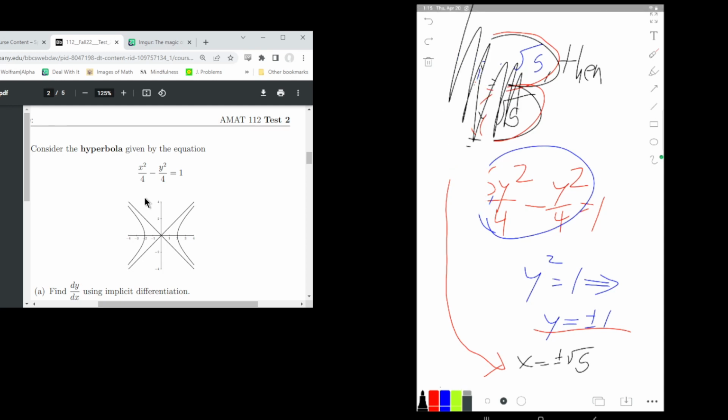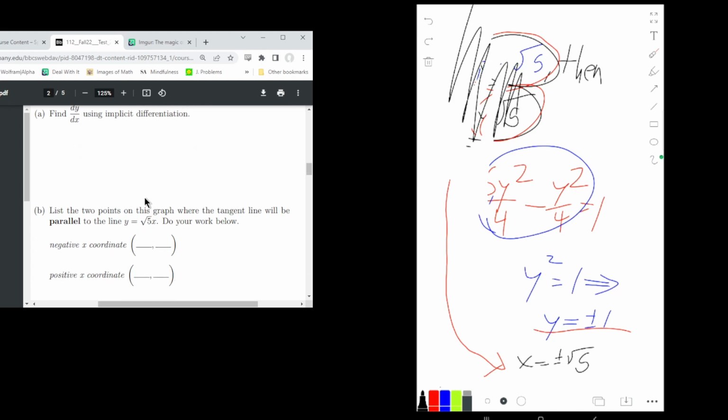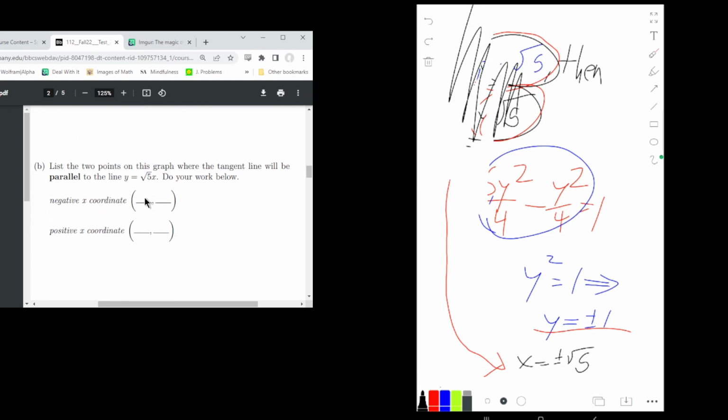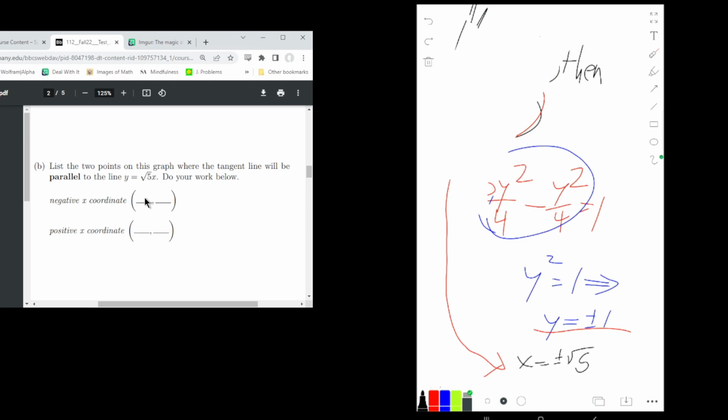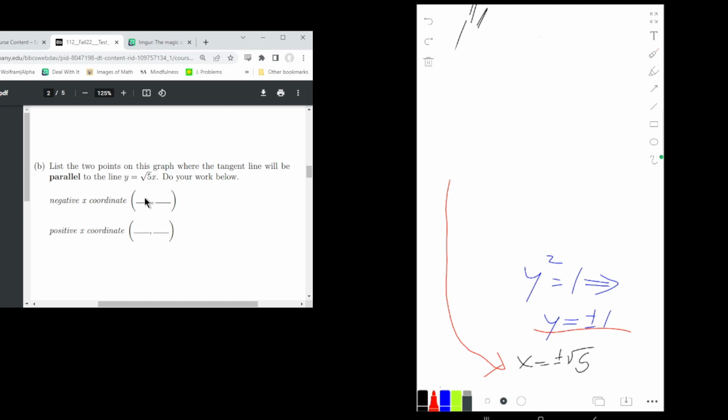of course, looking... Sorry, I didn't mean to scribble all that. Looking at the way that it expects you to enter your answer as a couple of ordered pairs. And in fact, it asks you to write them in a certain order. It wants you to give the first ordered pair as the one where the x-coordinate is negative, so where x is minus square root 5.